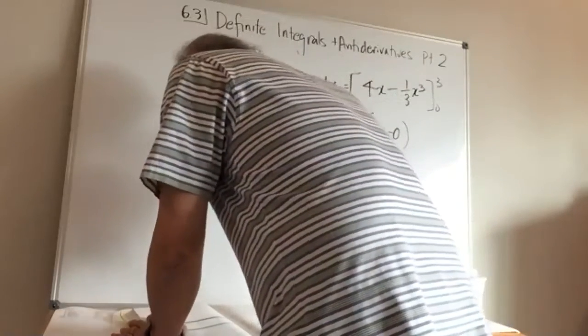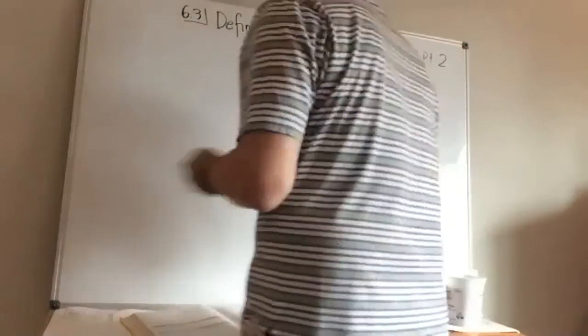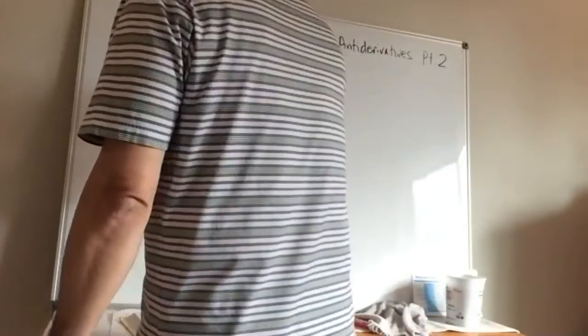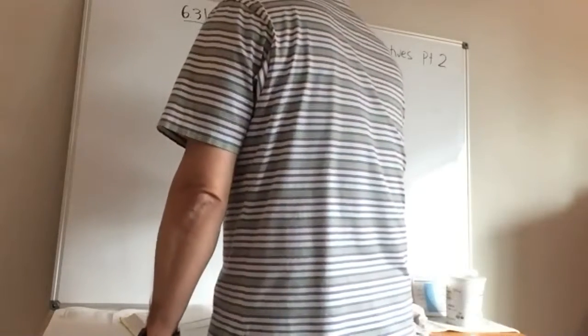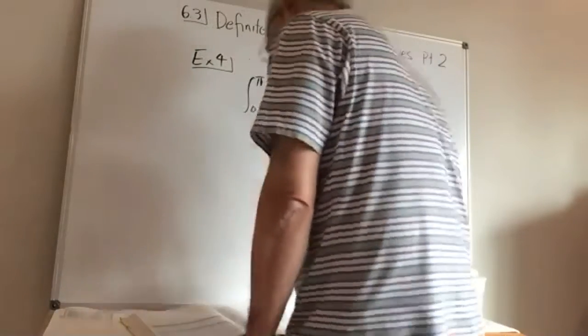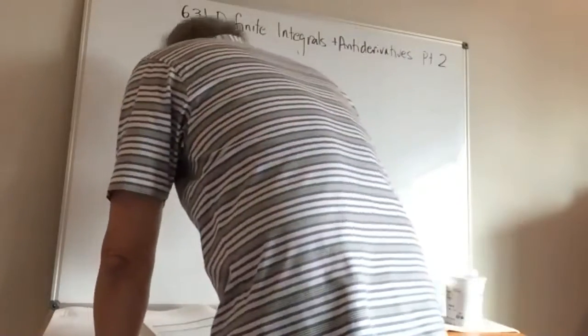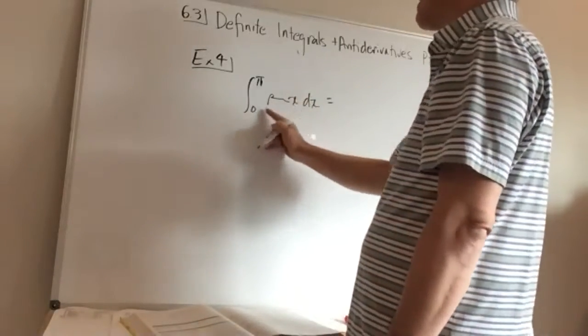Let's go back to page 298. On page 298, there's example number 4. Let's see if we can do that. Example number 4 says find the integral from 0 to pi of sine x dx. We need to find the antiderivative of sine x.